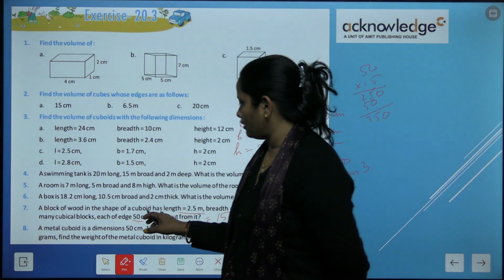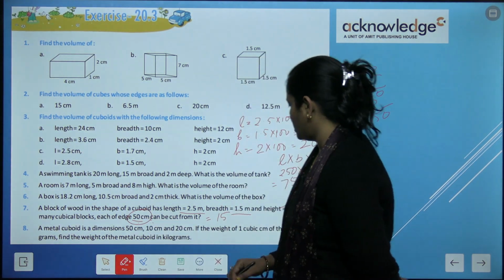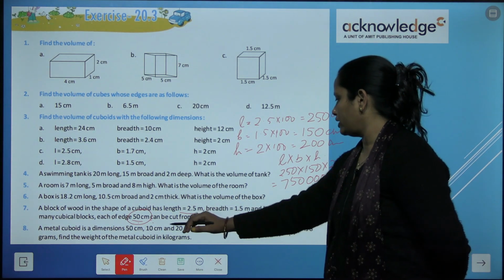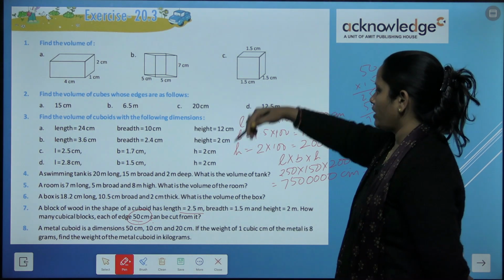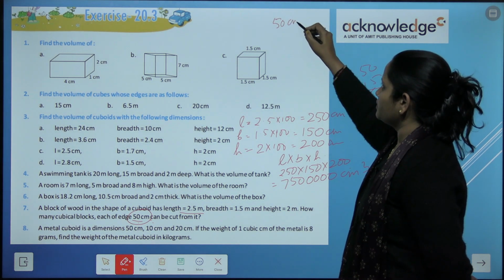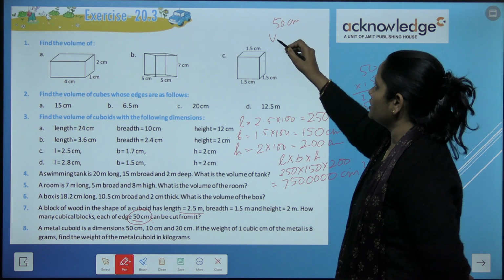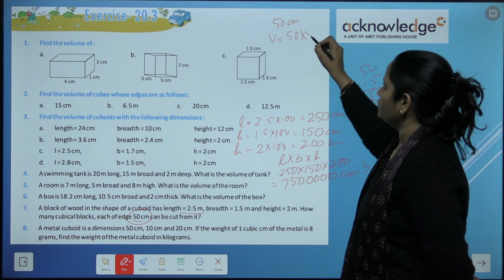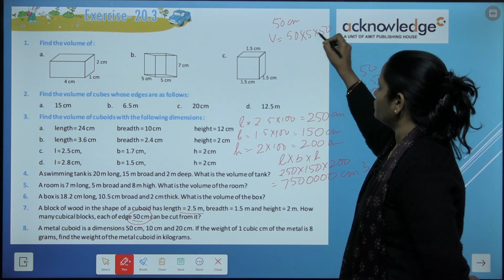Now what we have to do, we have to find the volume of this. तो हम क्या करेंगे, इसका volume निकालेंगे, and for that let's find the volume of this cube. So 50 centimeter is given. Volume is equal to 50 multiply 50 multiply 50.